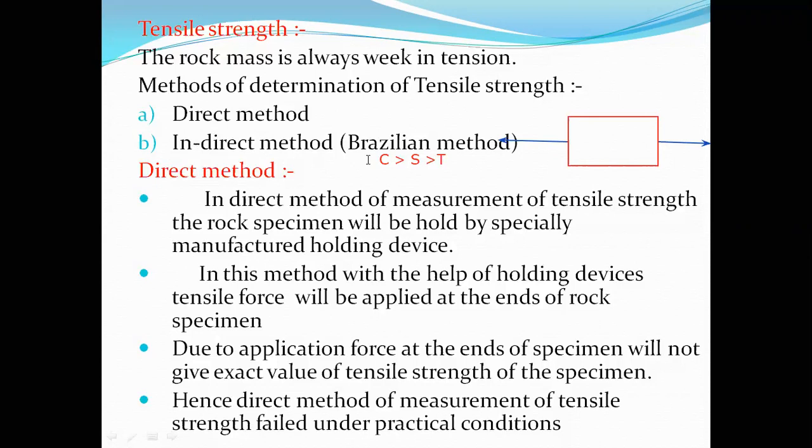In the direct method of measurement of tensile strength, the rock specimen will be held by specially manufactured holding devices. These holding devices will pull the specimen, and the force will be applied in the lateral directions. That's why we are directly applying the force and trying to find out its tensile strength. That is why it is called the direct method.